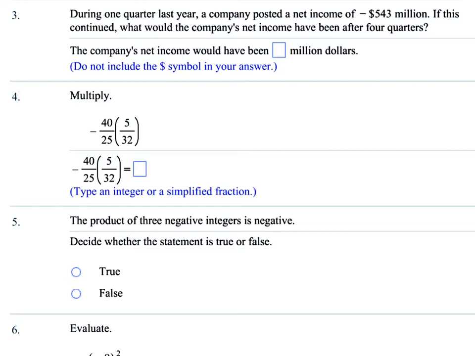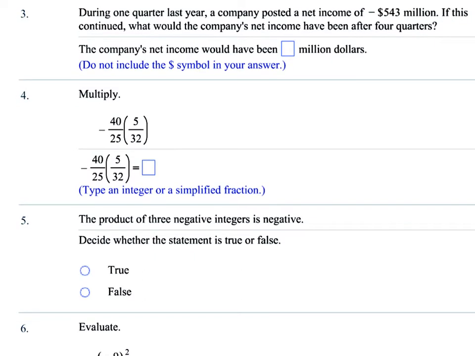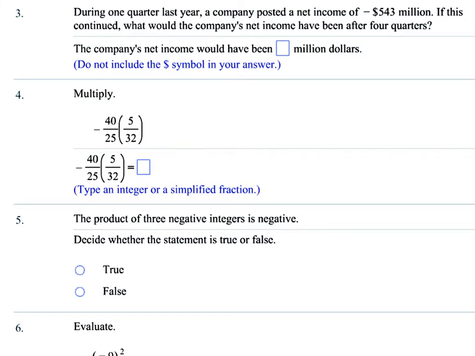So if this happened in one quarter, then we can just take our net income for that one quarter, negative $543, and multiply it by 4 to see what the net income, or in this case loss, would be after 4 quarters. So a negative times a positive, different signs, the answer is going to be negative. And it's negative $2,172 million.